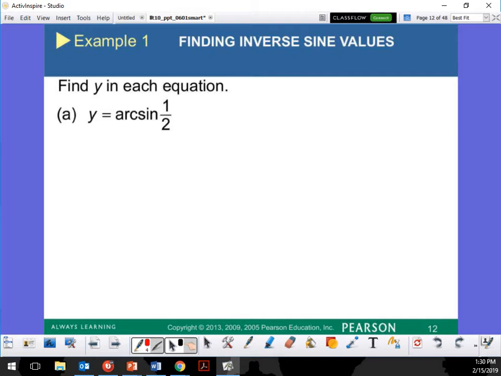So what that means is, where on my unit circle, if you have your unit circle or your reference sheet out right now, where on my unit circle is sine equal to 1/2? Page 4. 30 degrees, or 5 pi over 6, or 120.